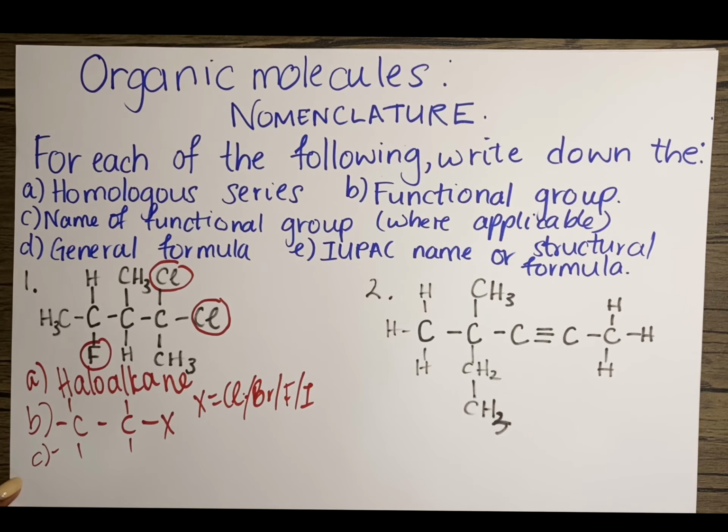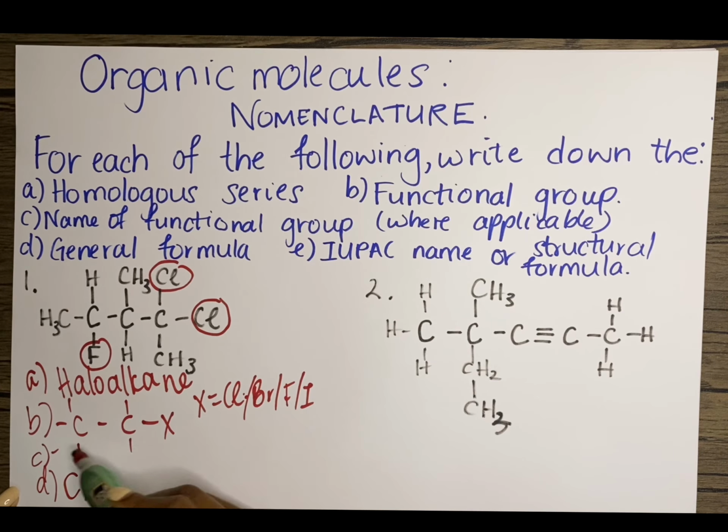D says write down the general formula. So I often say the general formula, once you know the functional groups, it's not something for you to cram, really. Because if you look here, I have 2 carbons, and if these are hydrogens, then that would be 1, 2, 3, 4, 5 hydrogens and a halogen, right? So write down the general formula in terms of n.